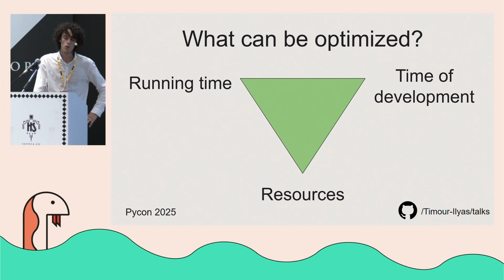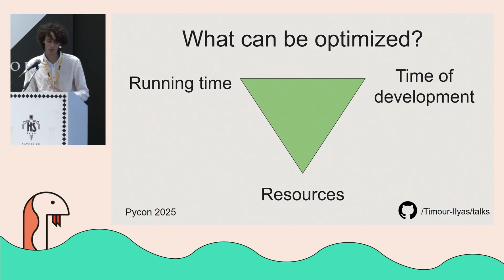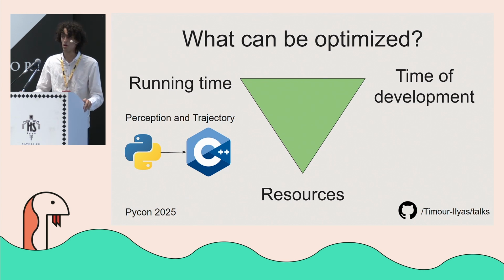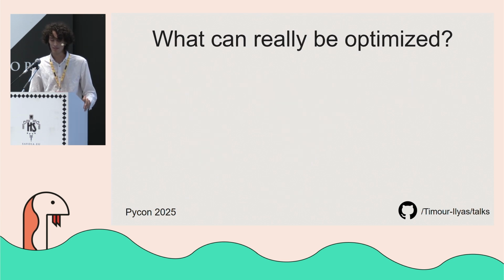And so what can be optimized? Well, it's not nice to say maybe here, but a solution could be using C++ for the perception and trajectory, for having a faster calculation of this deep learning model. But it's not what we would like to do. So what can really be optimized?